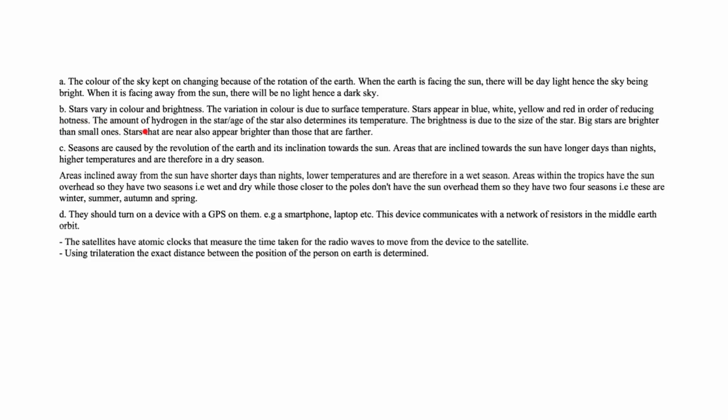The amount of hydrogen in the star also determines its temperature. The brightness is due to the size of the star. Big stars are brighter than small stars. Stars that are near also appear brighter than those that are farther. That was our part B.